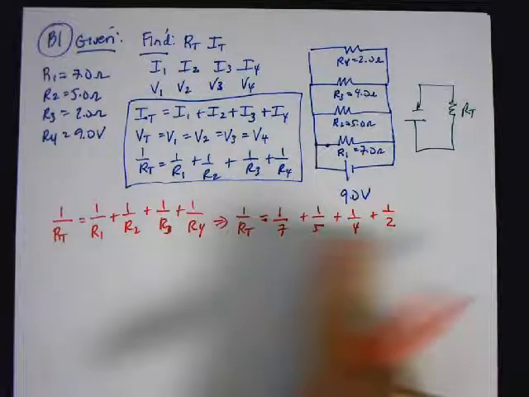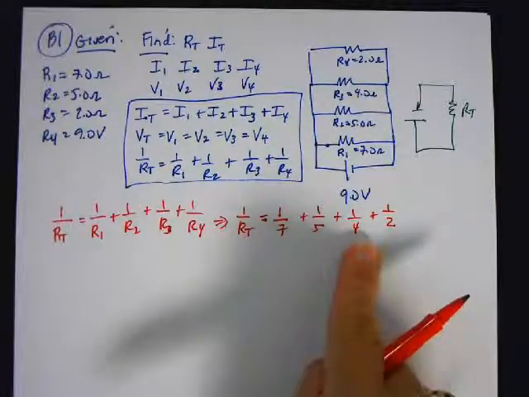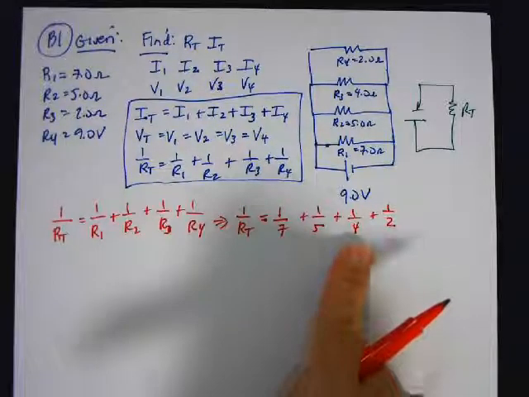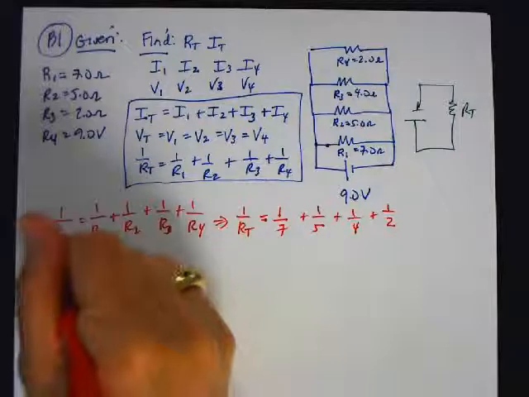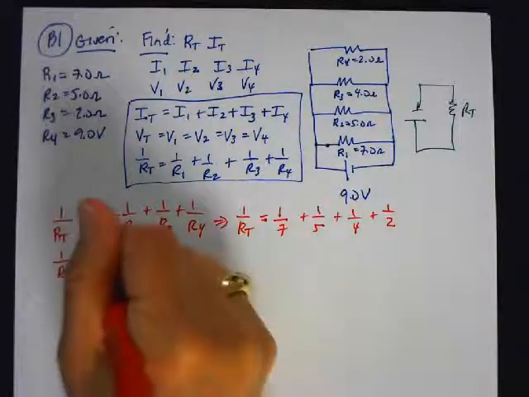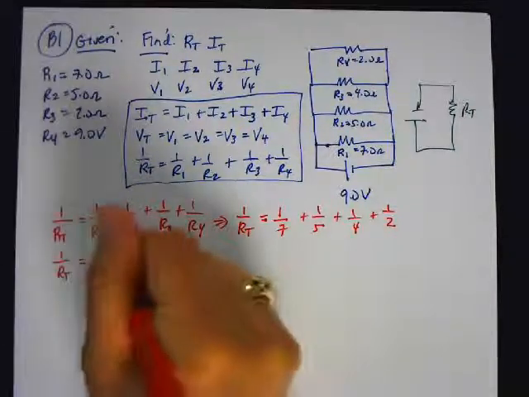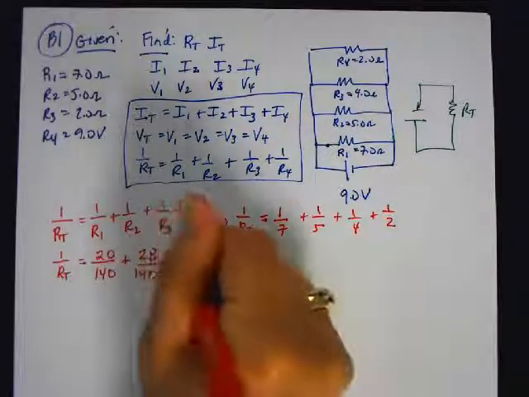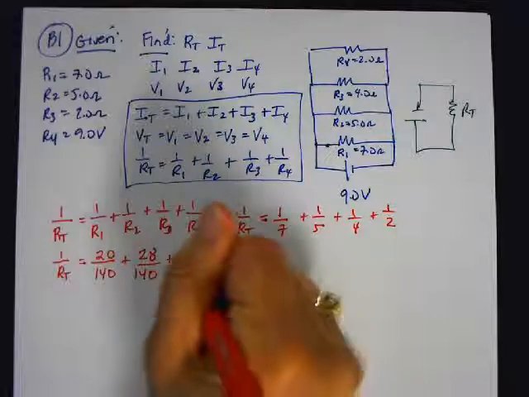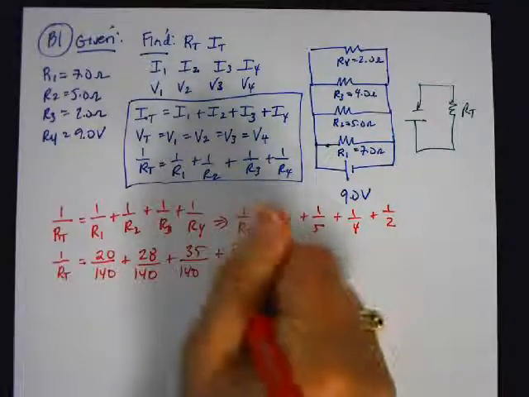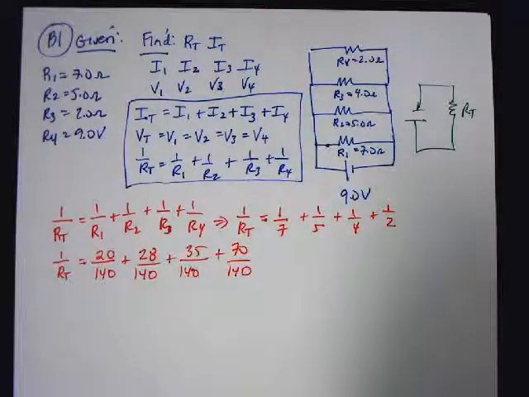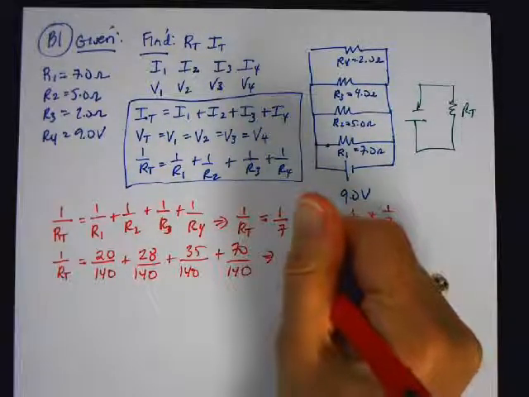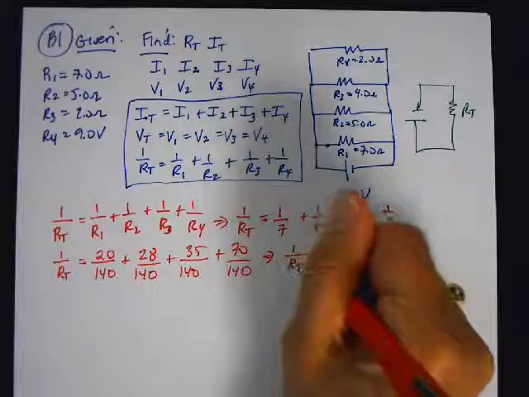Now, these are not easy numbers, but the common denominator between all these is actually 140. So 1 over RT is equal to 20 over 140 plus 28 over 140 plus 35 over 140 plus 70 over 140. If you feel confident that you're not going to make a mistake doing it the old-fashioned way, go ahead, but I'll show you why.